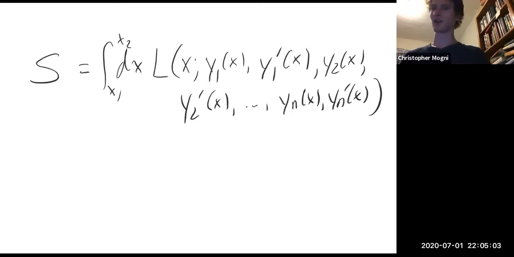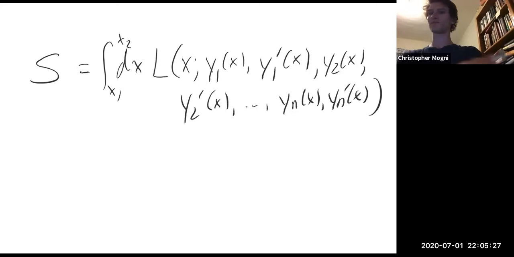You're doing the same thing here. You're basically saying, I want to take a derivative of S in this function space, so this space of y1, y2, all the way to yn. And you could take that in different directions in this function space. So we're going to introduce something that's universal to all these functions, namely alpha, which has been showing up before.